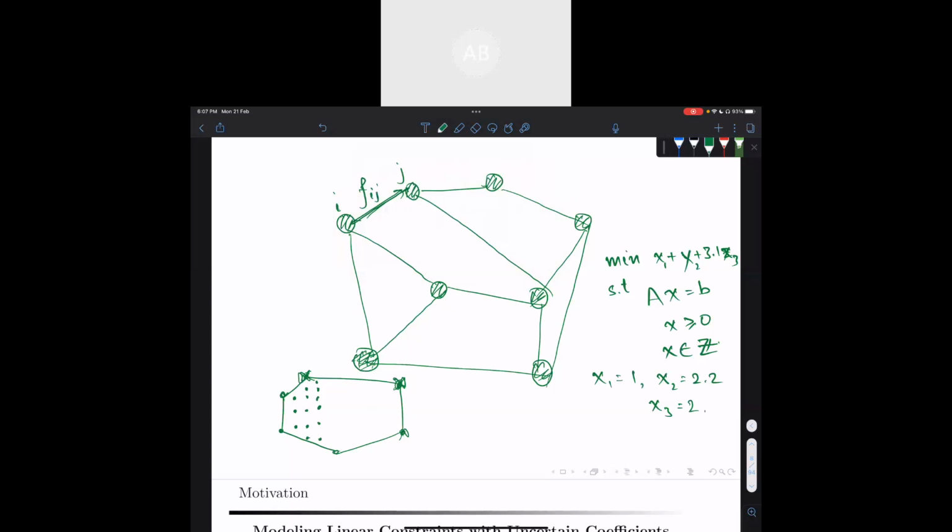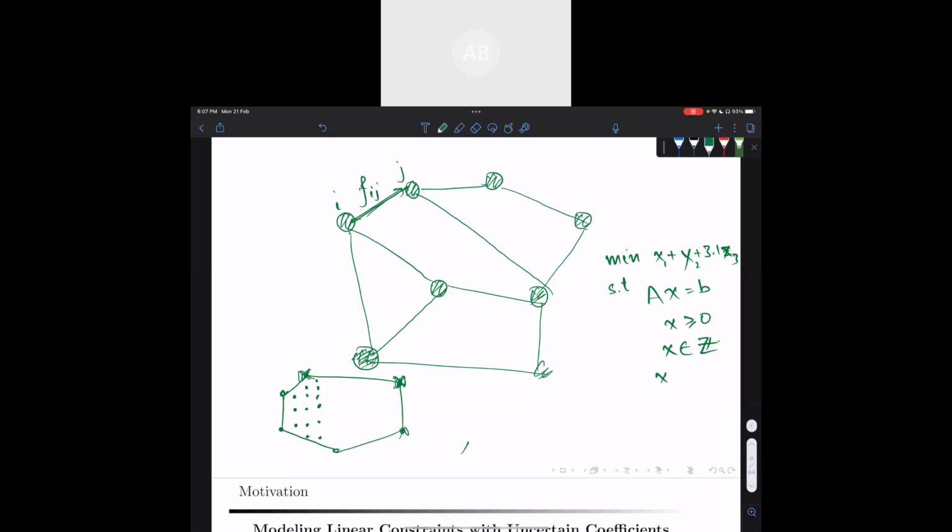So how would you progress from there? What branch and bound does is that it branches on x2 and it divides the problem into two sub-problems. In one problem, you will have x2 greater than or equal to 3, and in the second problem, you have x2 less than or equal to 2, because it cannot be between 2 and 3.